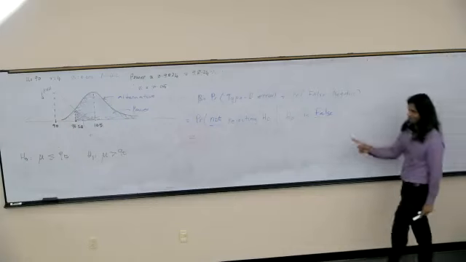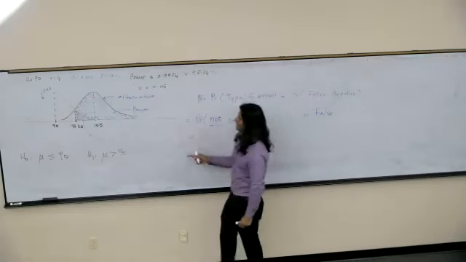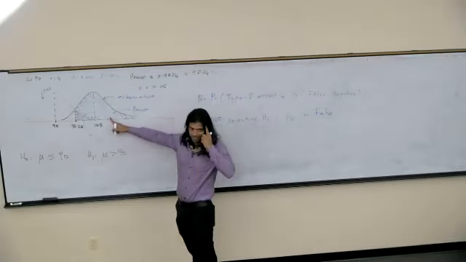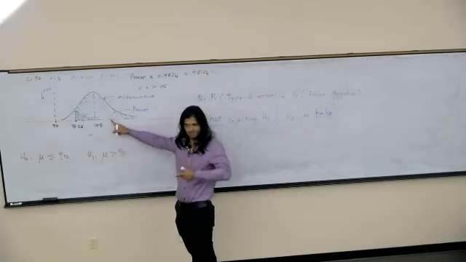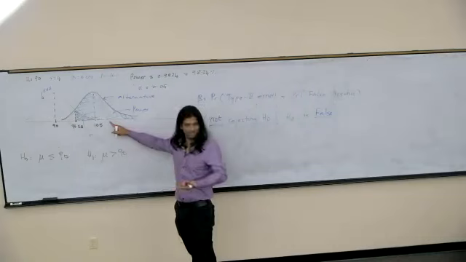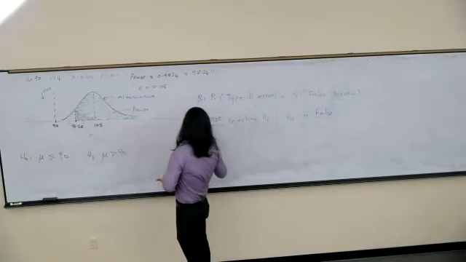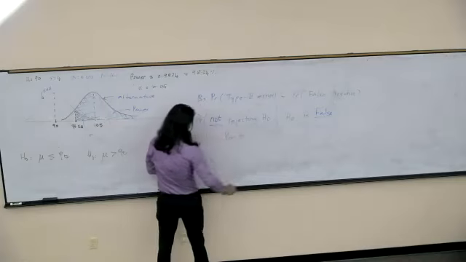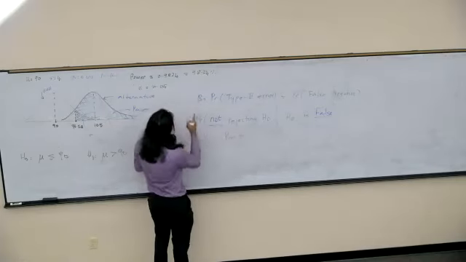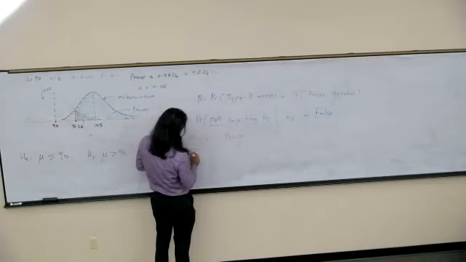The easier way to get this answer is to remember that power is 1 minus beta, which means beta is 1 minus power. Oh, great. So this is 1 minus power. We already know what power is, 0.9824 approximately.